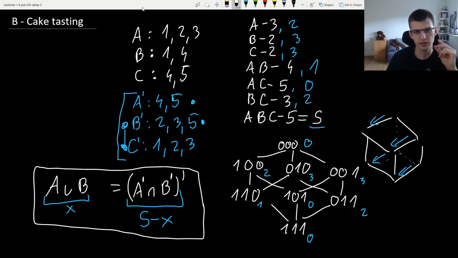That is, there is exactly one product that is only in shops A and B. Now we are talking about the complements. So there is one product that is both in A prime and B prime. So for 1, 1, 0 we should get that there is one product there. From this we will be able to print something. There are also two products that are in B and C.